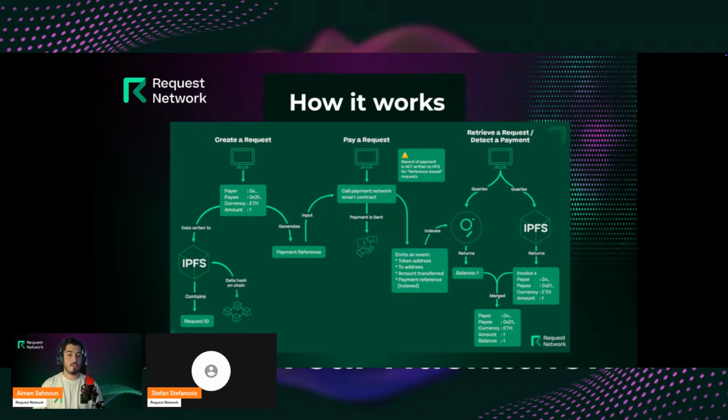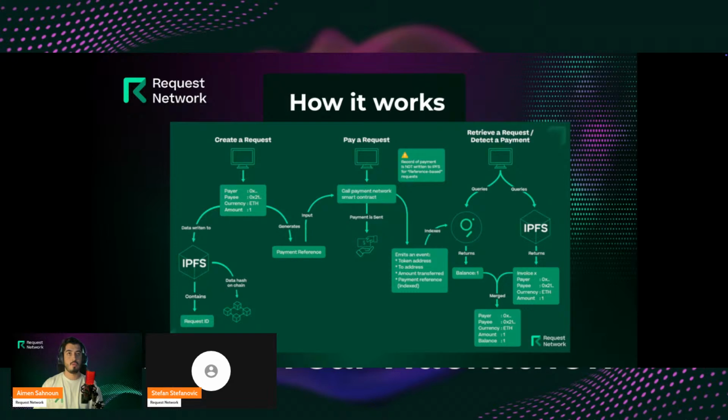To get a general overview of how it works, we have this graph here. Basically, when we're creating a request, we need to pass in the normal contextual data that we would see in invoices or payments, such as the payer, the payee, which currency we are denominating the invoice in, as well as the amount.